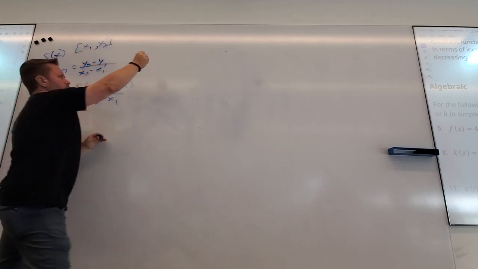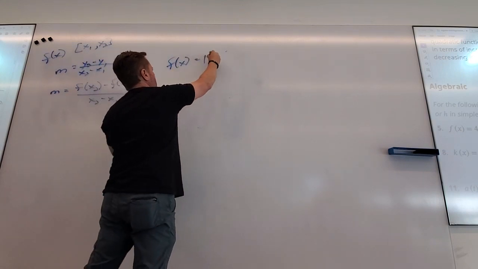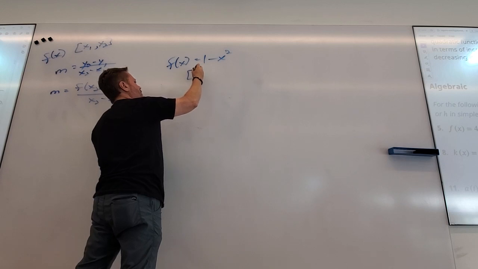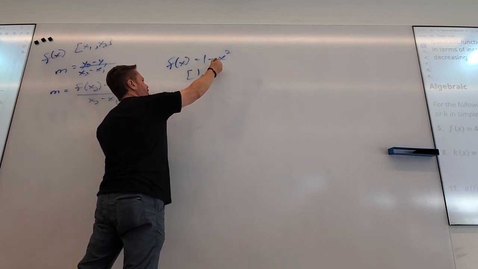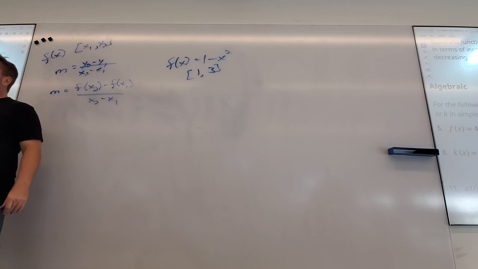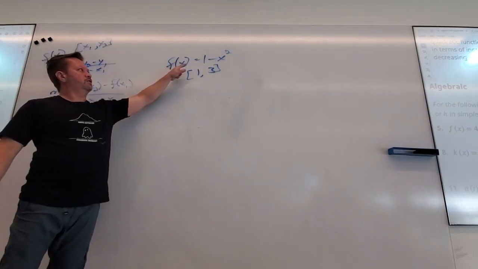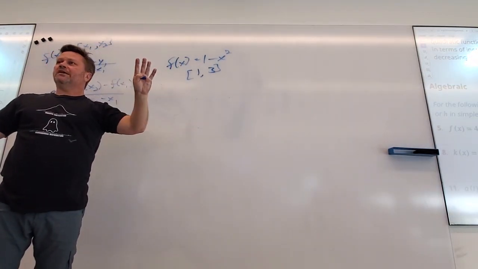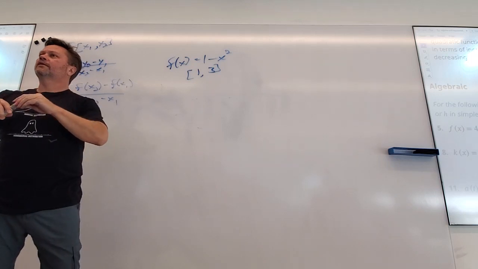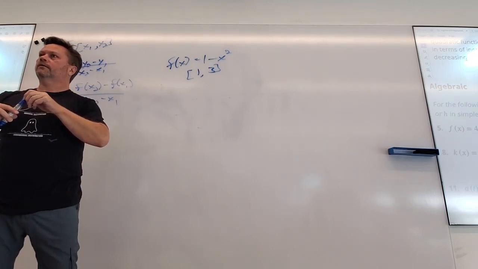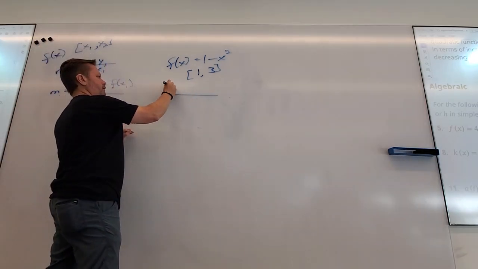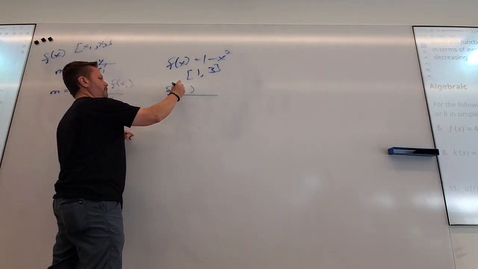So if I give us a function, let's say 1 minus x squared, and I want to know the average rate of change from 1 to 3. The question says, what's the average rate of change for this function over this interval? You always do the same thing. What's x2? 3.